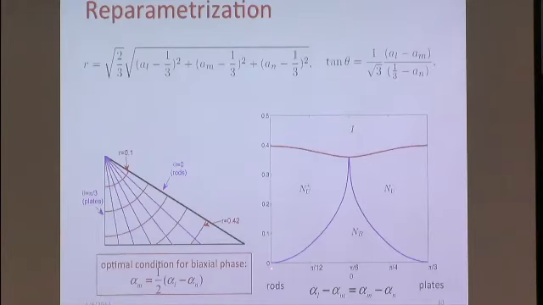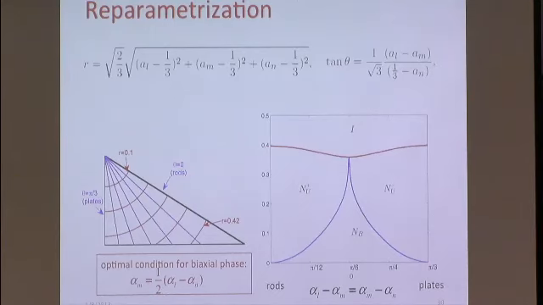So this corresponds to theta equals 0, which is measured from the hypotenuse and corresponds to rod-like particles, and rotating clockwise to the short axis, which corresponds to theta equals pi over 3, is the plate-like particles.